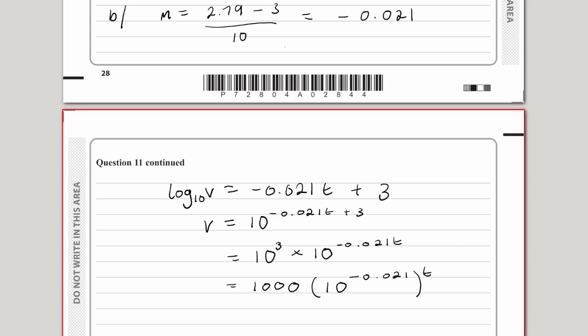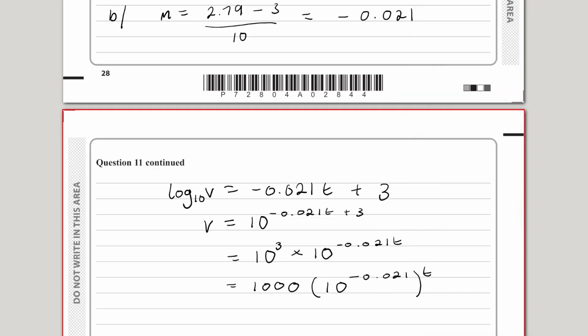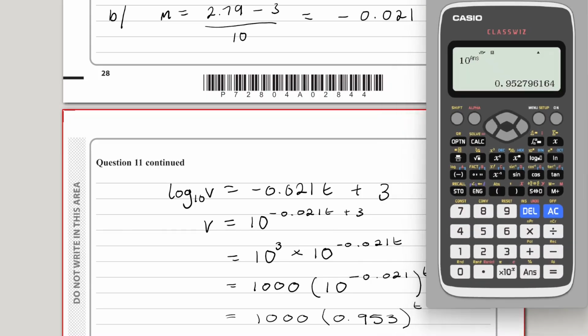So our a is 1,000, we already knew that. Our b is 10 to the power of minus 0.021, 0.953. So it's 1,000 times 0.953 to the power of t.